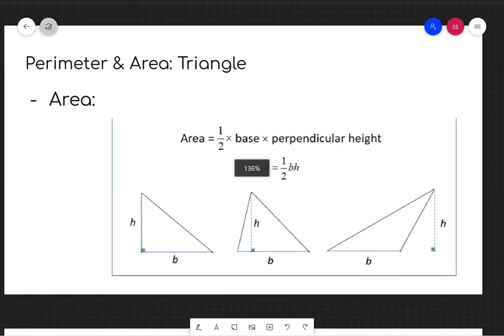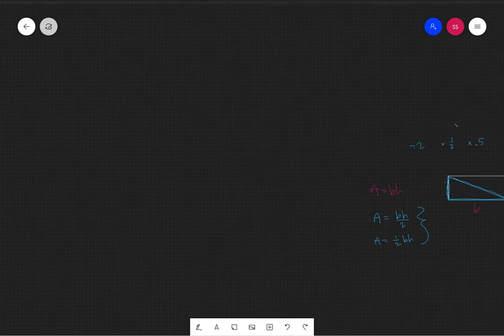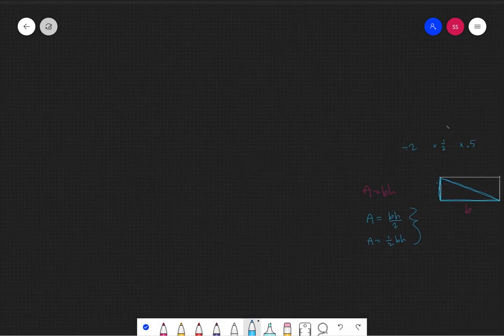Okay, now there are different types of triangles. Let me come over here and draw some more pictures for you. We have what we call a right triangle, which has a right angle. We could have something like an equilateral triangle, meaning all sides are the same length.